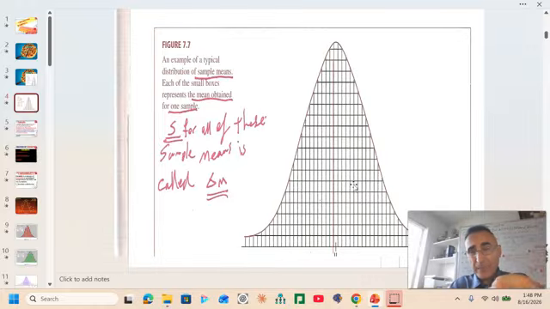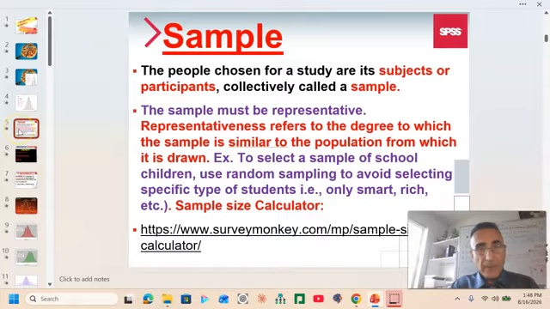So that's how you make a comparison. The standard error has its own formula, and this is not how we measure it. We measure it by using that little formula that we're going to go over shortly. So this is the definition of sample that we just talked about, and there is a formula to come up with the right size of sample.